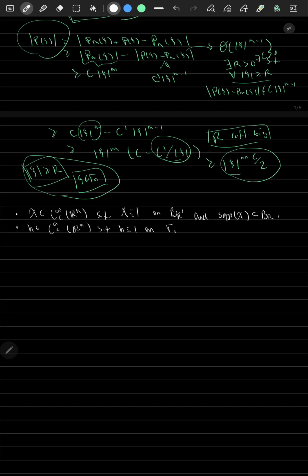So h is going to be equal to 1 on there, and the support of h is contained in gamma 0. Okay, so if this is gamma 0 and this is gamma 1, h is 1 here, h goes to 0 here, and h is 0 everywhere else.